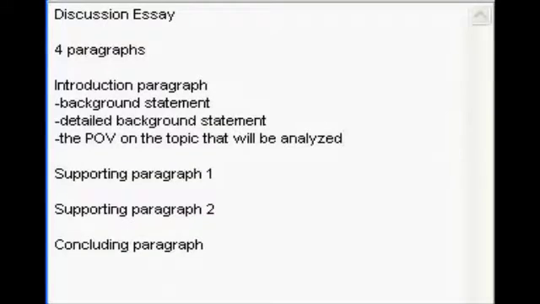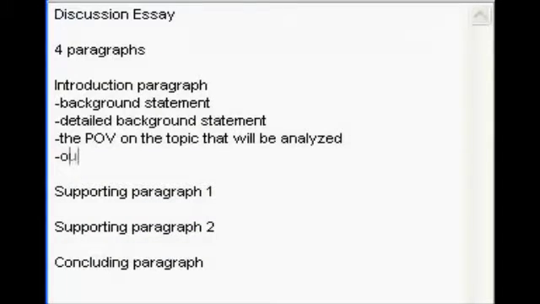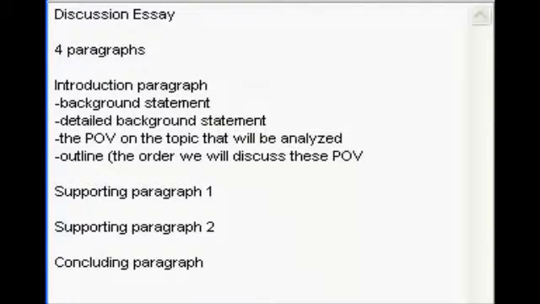Okay, and then obviously the first one is going to appear in supporting paragraph 1, and the second one is going to appear in supporting paragraph 2. Now the last sentence is simply an outline sentence, which is basically telling us the order we will discuss these points of view in.